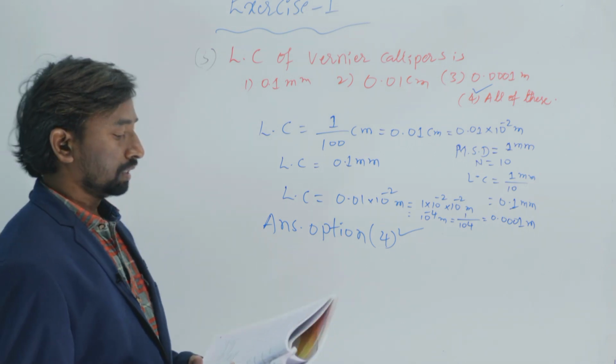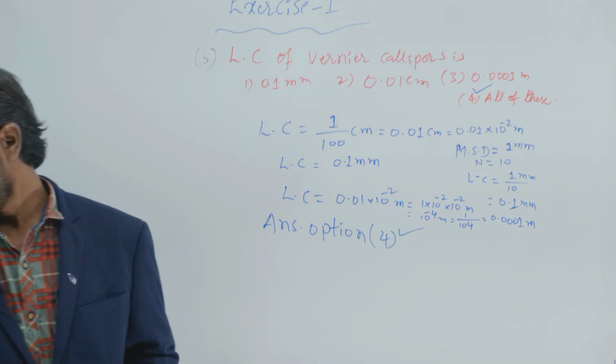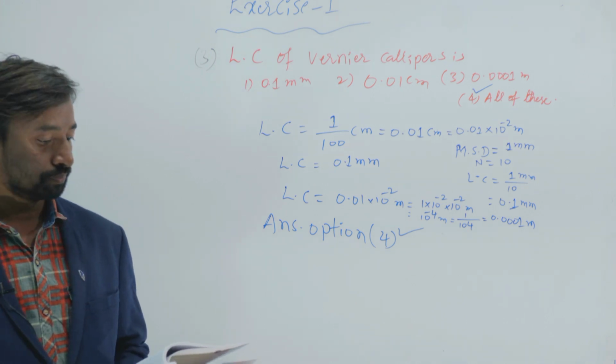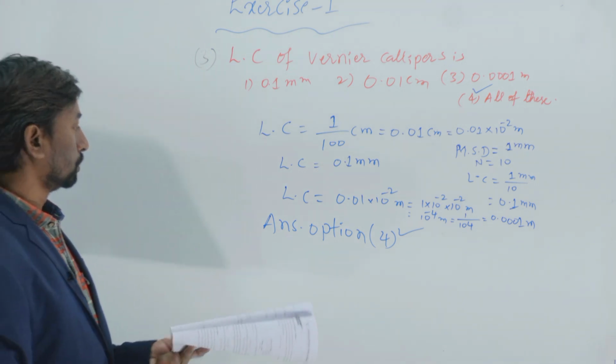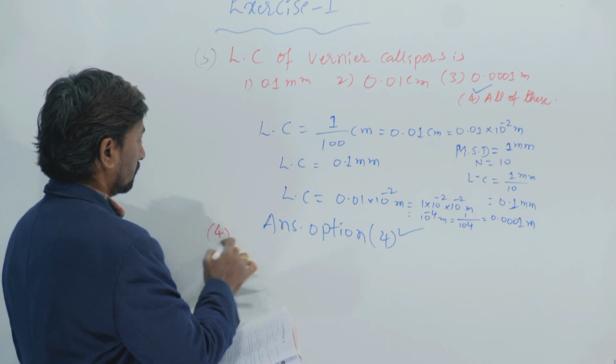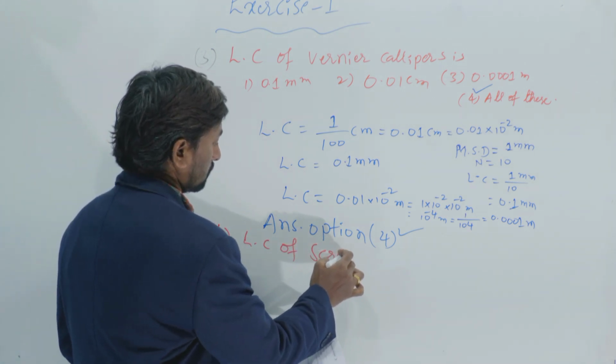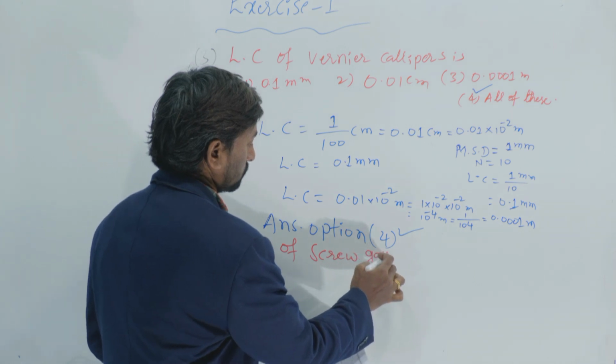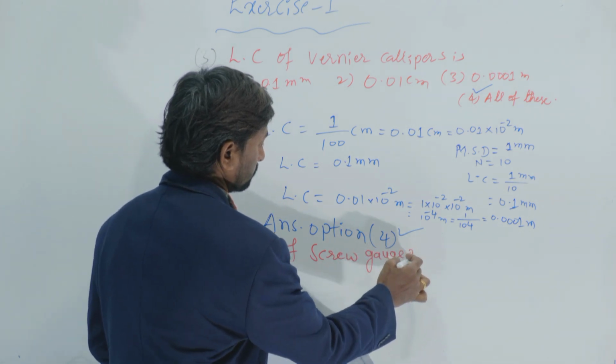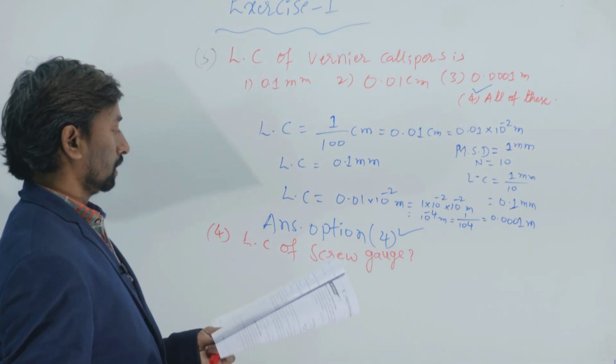Next one is given here: least count of screw gauge. Okay, so here the options are given.